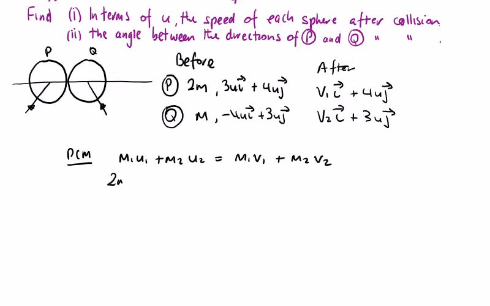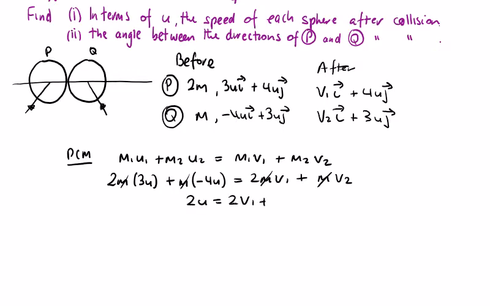So we have 2m by 3u plus m by minus 4u is equal to 2m by v1 plus m by v2. So cancel your m's. So we're left with 6u minus 4u. So 2u is equal to 2v1 plus v2.